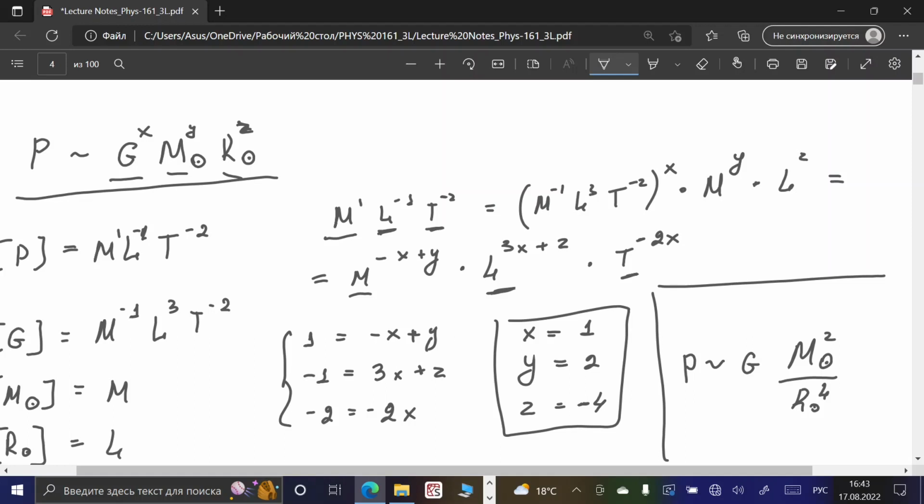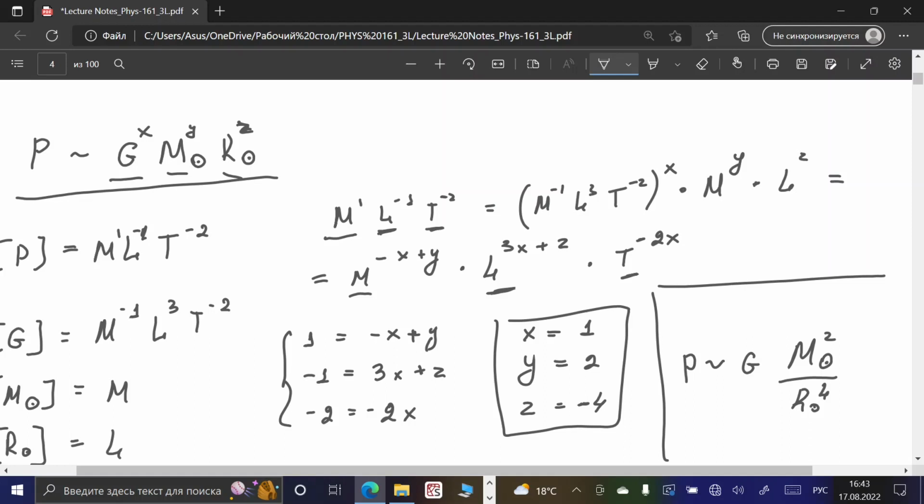And here we see, first of all, which parameter among those we consider is the dominant. Obviously, that will be our radius, because it goes in the equation with the highest power, power of 4, twice larger than the power next to the mass of the sun.